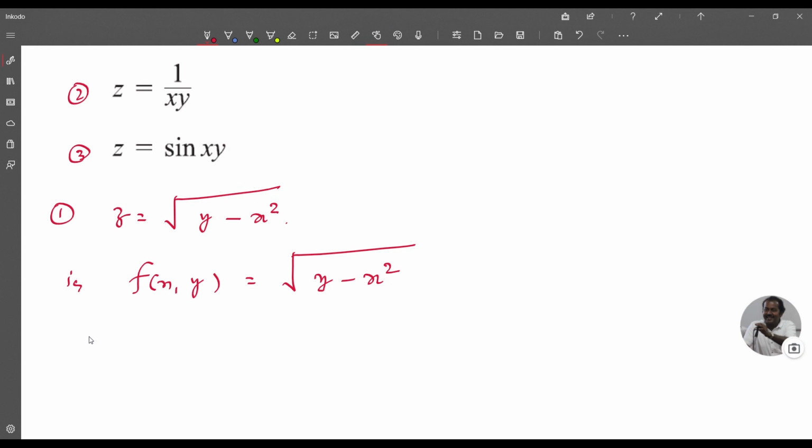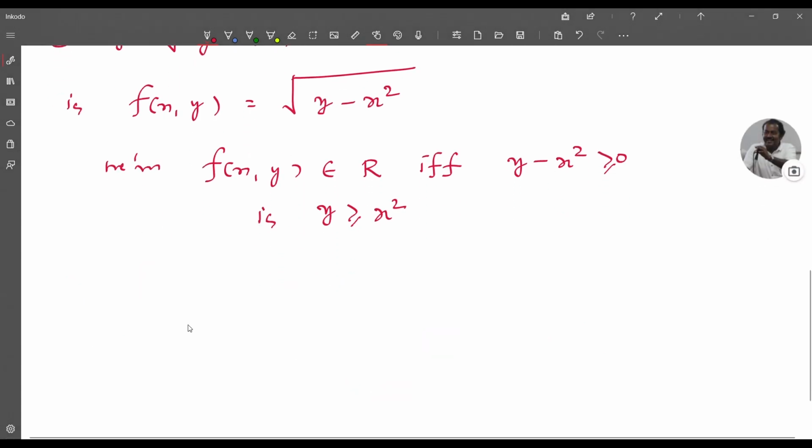So we have f of x, y belongs to R if and only if y minus x squared is greater than or equal to 0. That is, y is greater than or equal to x squared.